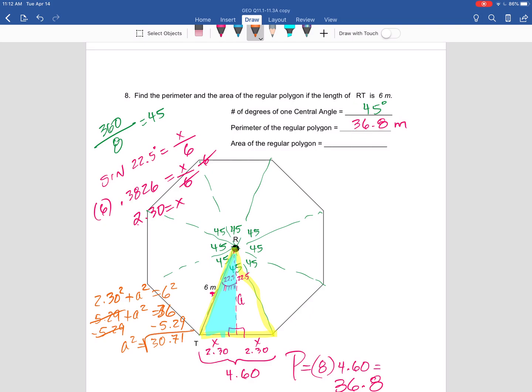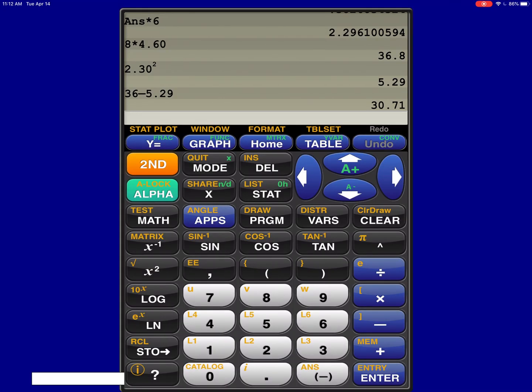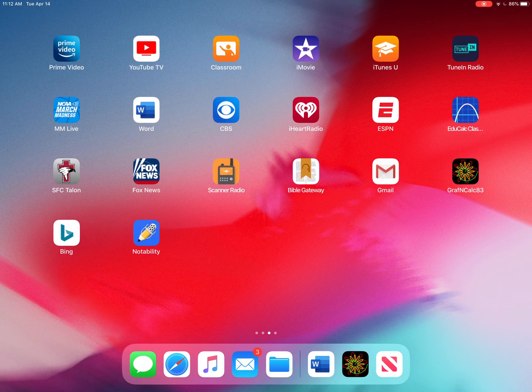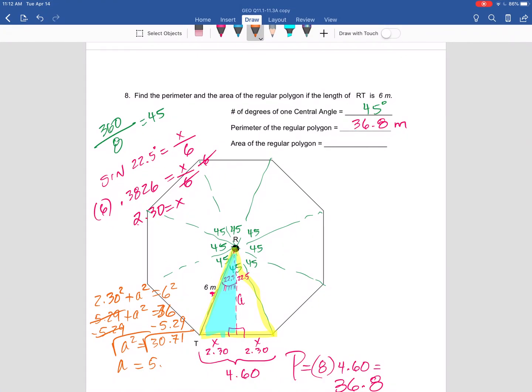Square root of that 30.71, nice, 5.54. That's our apothem.